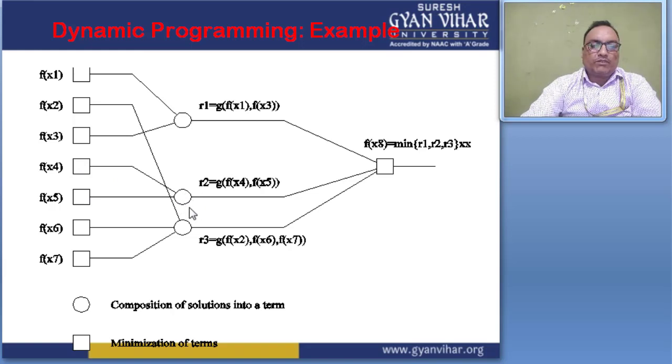This is the composition point. The circle shows the composition point, and all these variables meet at the point of the fx8 function, which is a minimum function of R1, R2, R3, right? So this is graphically one way to solve a big problem into a smaller one, right?